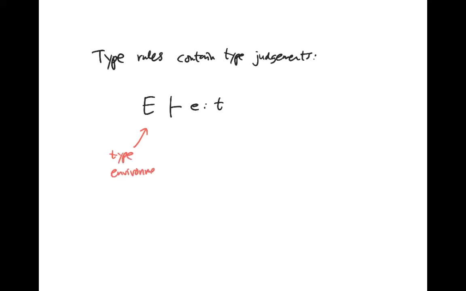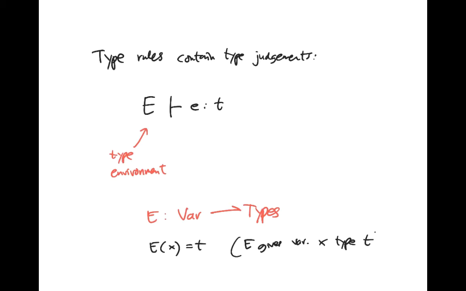A type environment is a function E from the set of variables to the set of types, and it's a partial function because it's not necessarily the case that every variable is given a type, but if we have that E of x is T, means that E gives the variable x the type T. So our type rules that we'll be presenting in a little while speak of type judgments, and these type judgments have to be relative to type environment, because an expression E may contain variables.